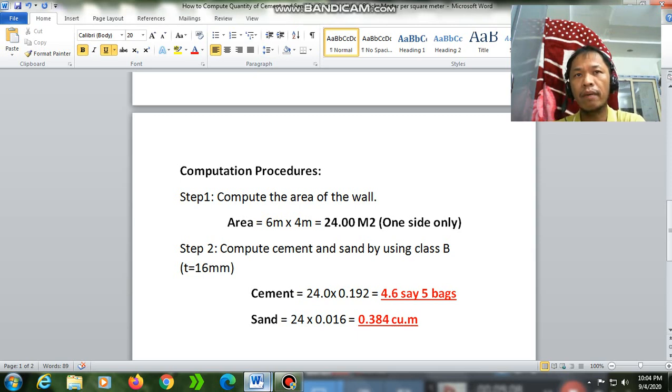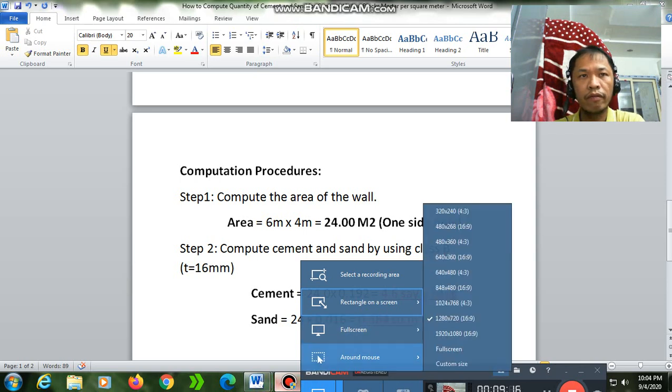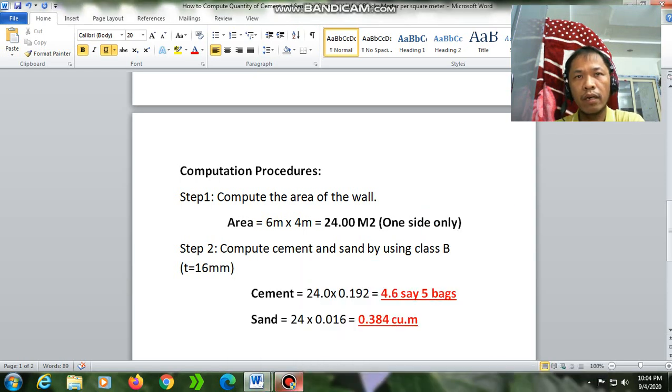But we cannot buy 4.6. So we will say 5 bags of cement required for 6 by 4 meter walls. For the sand, 24 by 0.016, 0.384 cubic meter of sand.